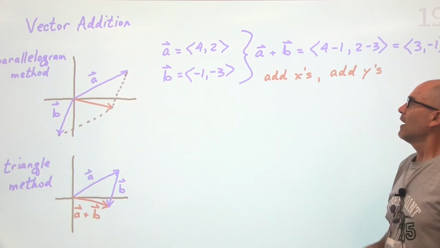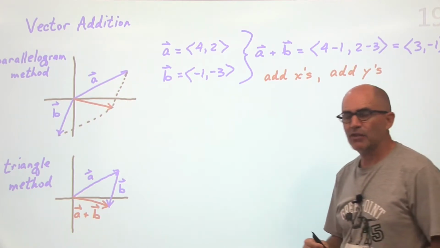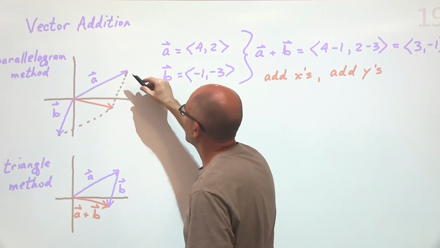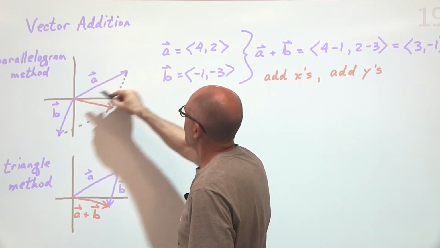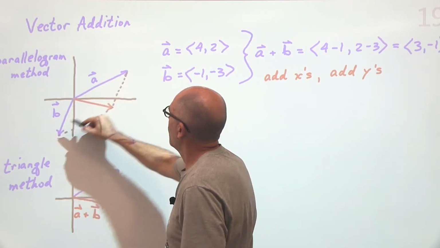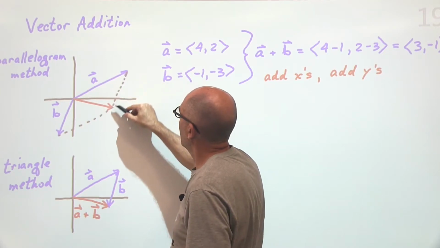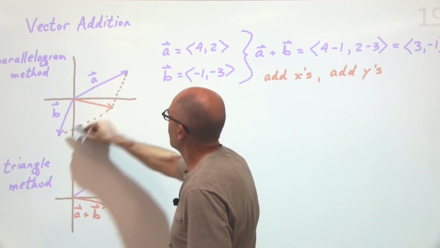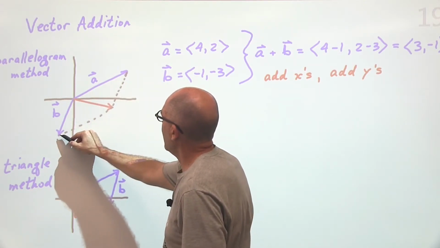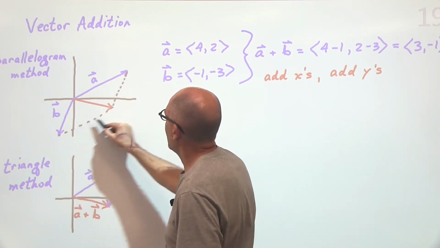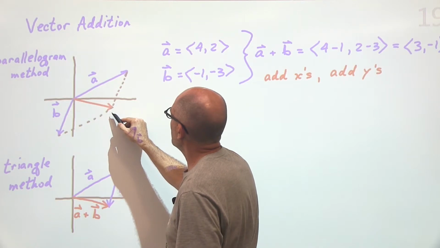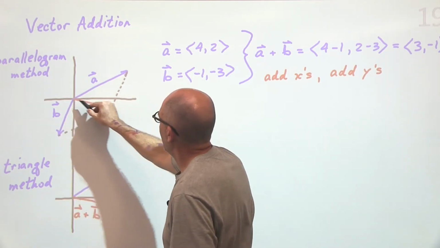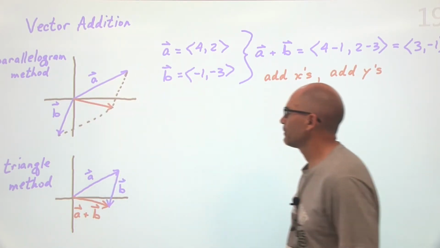Now, there's a geometric way of showing that. And what we do is we make a parallelogram. So you've got the blue vectors. Well, I make my parallelogram from the head of A, I make it parallel to B. And then from the head of B, I make parallel to A. And then what you end up with is the diagonal of the parallelogram is the sum of the two vectors.